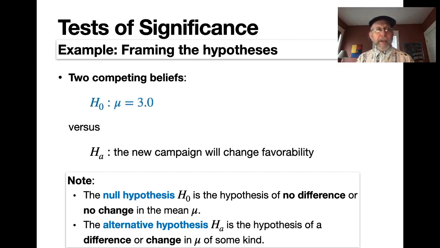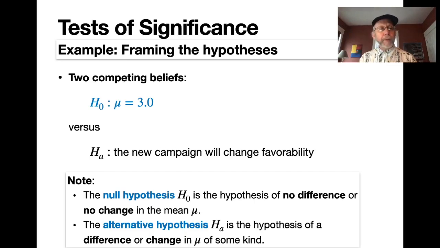Note that we can frame the hypotheses in terms of the population parameter mu, the true mean favorability rating over the whole population. The null hypothesis is that it doesn't change from its historical value of 3.0. So in terms of our parameters, the null hypothesis would just state that mu equals 3.0. The alternative is that the new campaign will change favorability.